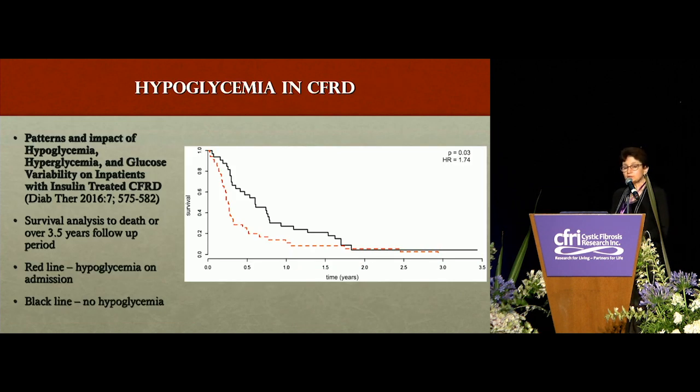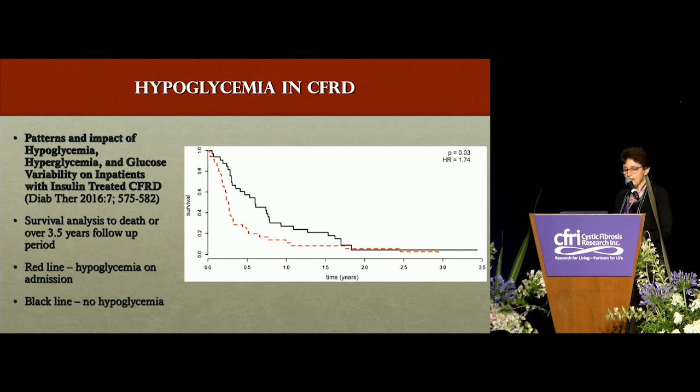We do try to introduce tight control, but low blood sugar or hypoglycemia is a huge limitation, because the tighter we get to the target control, the higher the rate of low blood sugar. So what is the impact of low blood sugar specifically in CFRD? There is a study that looked at the impact of low blood sugar, high blood sugar, and glucose variability in inpatients with CF-related diabetes who were treated with insulin.